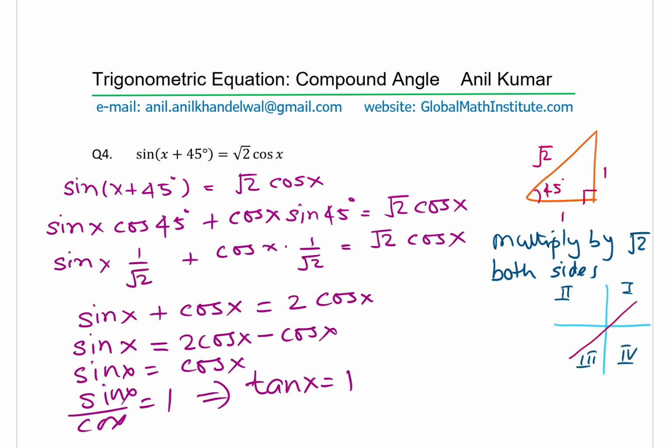When is tan x equal to 1? It is 1 for 45 degrees. So this acute angle is 45 degrees, and the other one is 180 plus 45. And so we can write down our answer as x equals 45 degrees and 45 degrees plus 180 degrees, since the period for tan is 180, which is equal to 225.